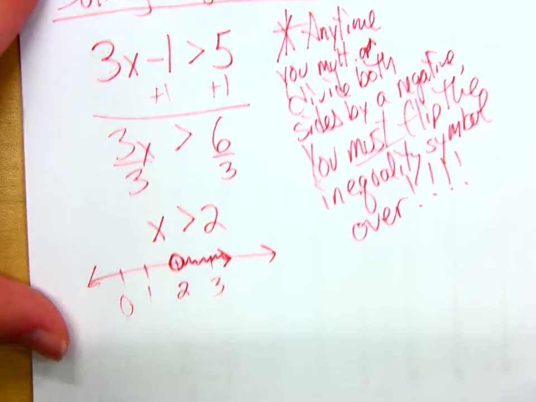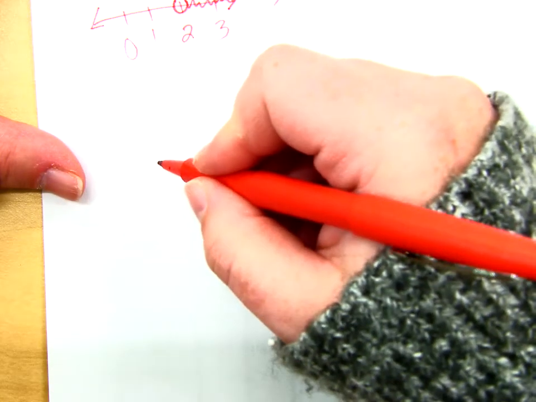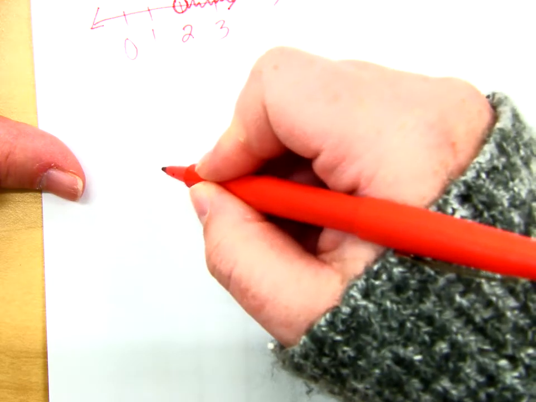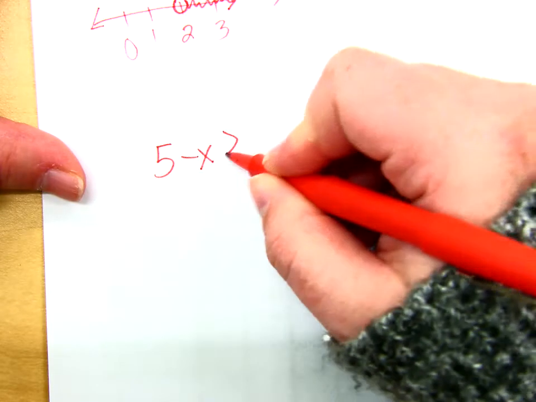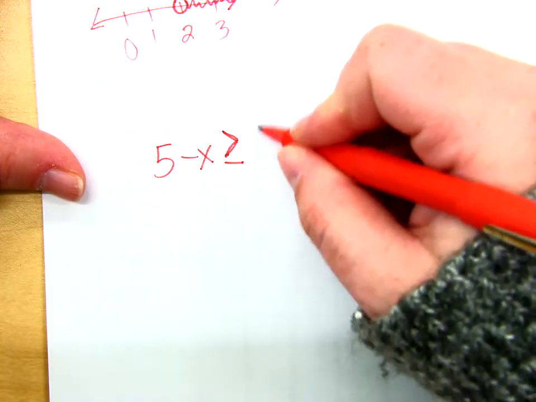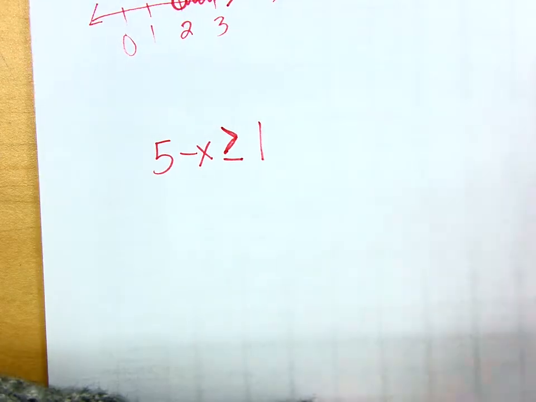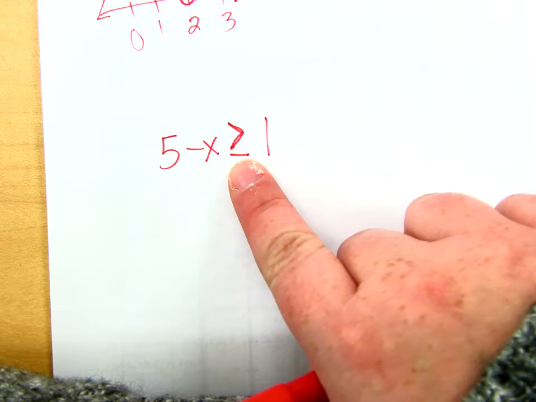But here's an example. Let's say I had 5 minus x is greater than or equal to 1. So you're going to start off as if that was an equal sign.